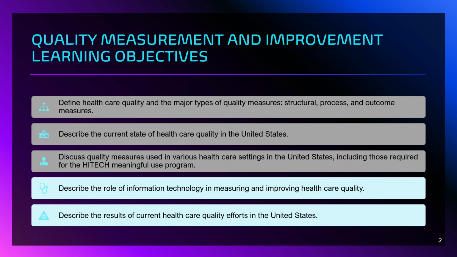From a clinical engineering lens, these results would include things like reduction in device related safety events through better maintenance and monitoring, improved reliability of critical systems like ventilators and infusion pumps during crisis. Just think back to the COVID-19 pandemic, and also expanded adoption of health IT tools that rely on accurate device integration.